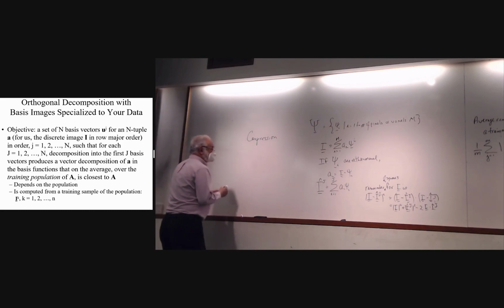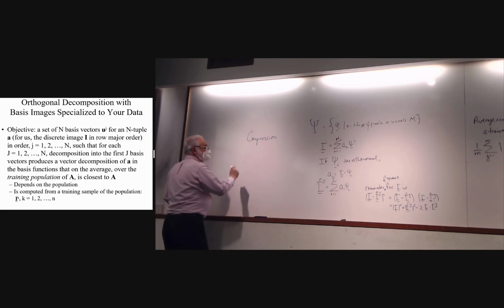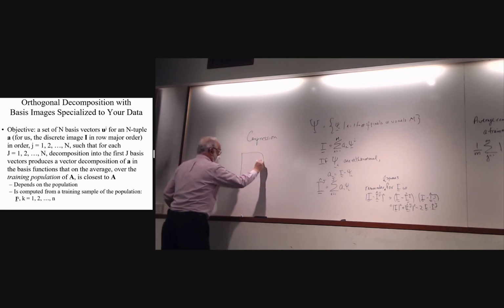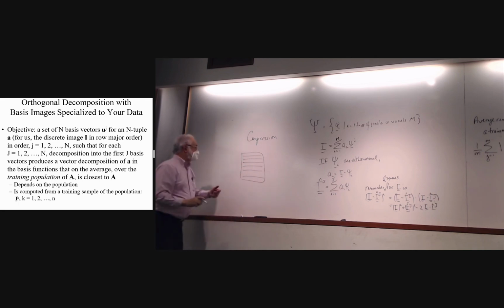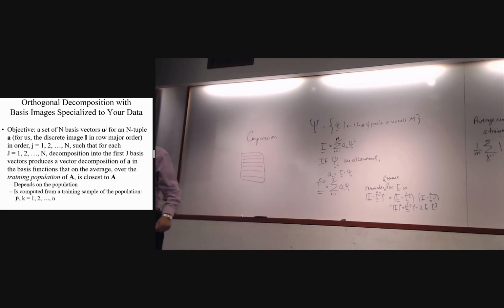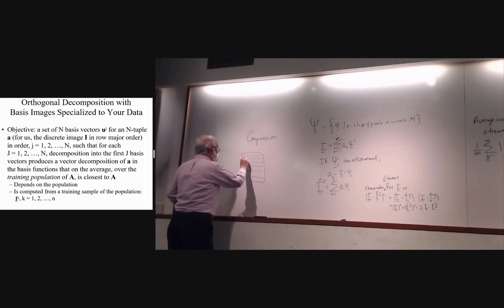Now, in order to do that, it's just easier to think of images as vectors. So what I'm going to do is, okay, so an image, of course, has rows in 2D. In 3D, you can say it has slices, and the slices have rows. Right? But anyway, what we're going to do is we're going to take this guy and we're going to put it over here.